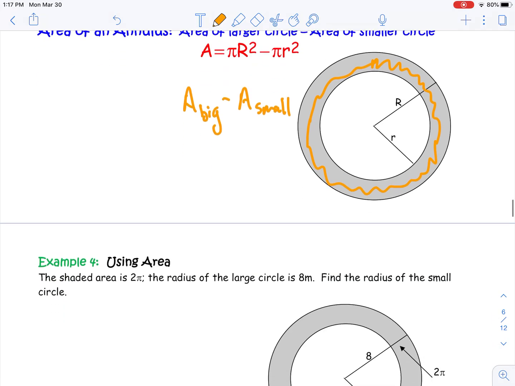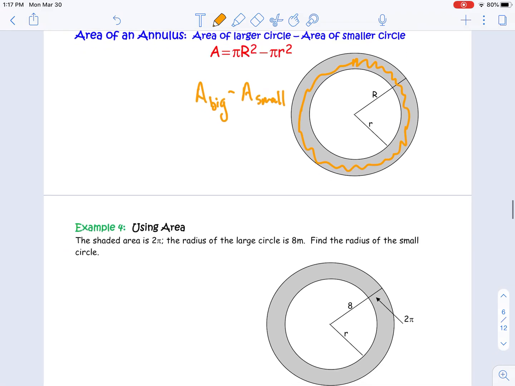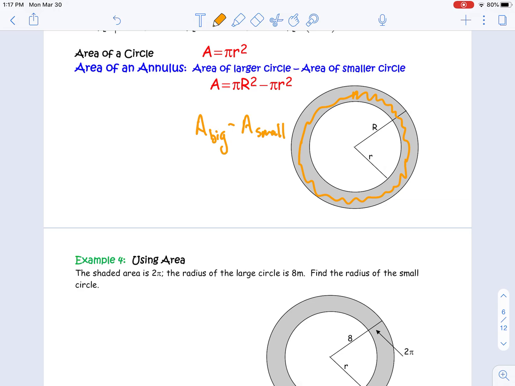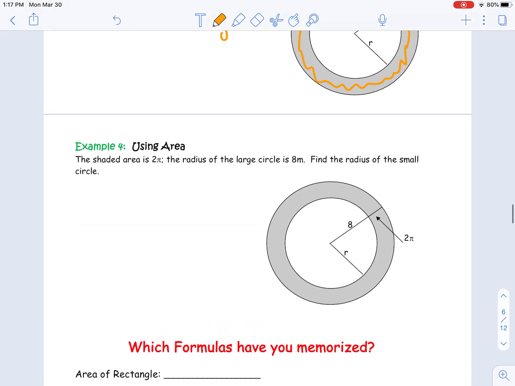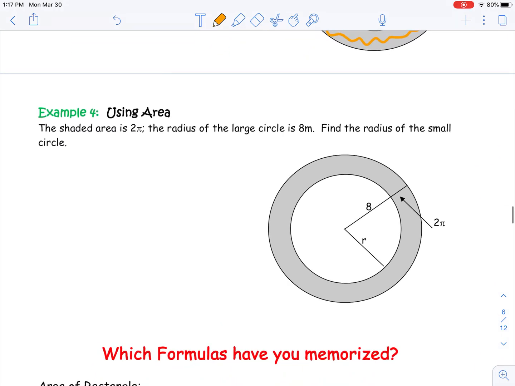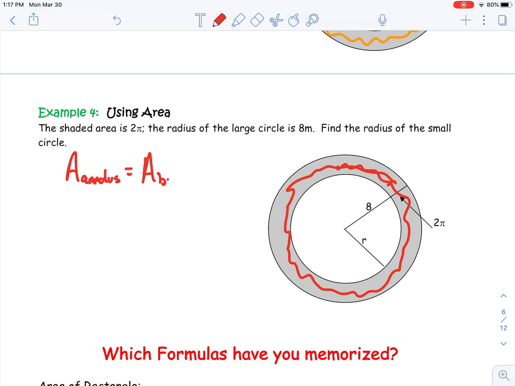Great. So, what does that look like? Well, to give you an example, let's use this idea of an annulus to find some unknown information. And you'll notice here, it works out pretty nicely. Again, if I notice that my shaded area forms an annulus, it's a donut, it's a space with another space cut out, I can say the area of the annulus has to be the area of the big boundary minus the area of the small boundary.